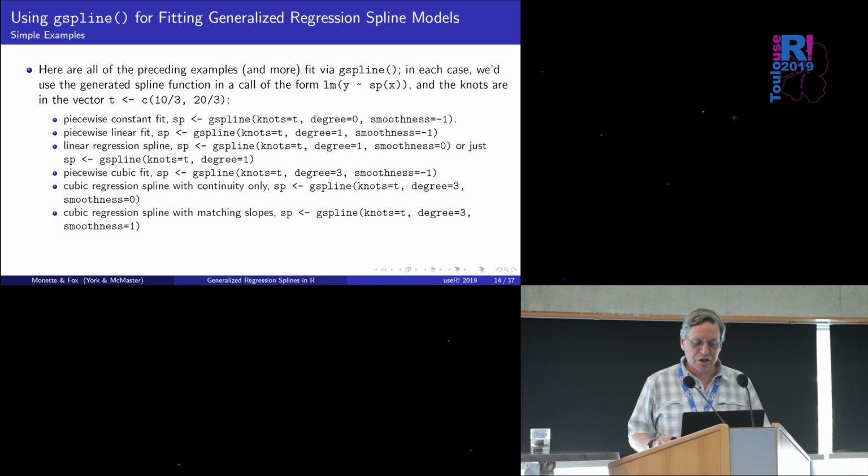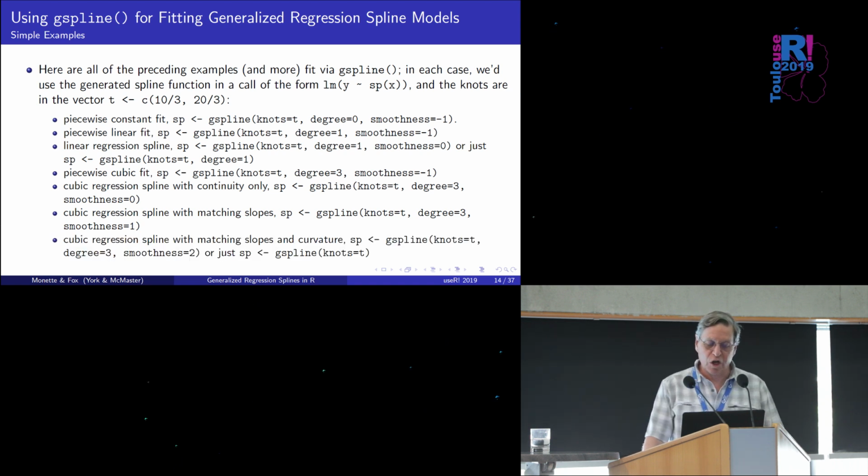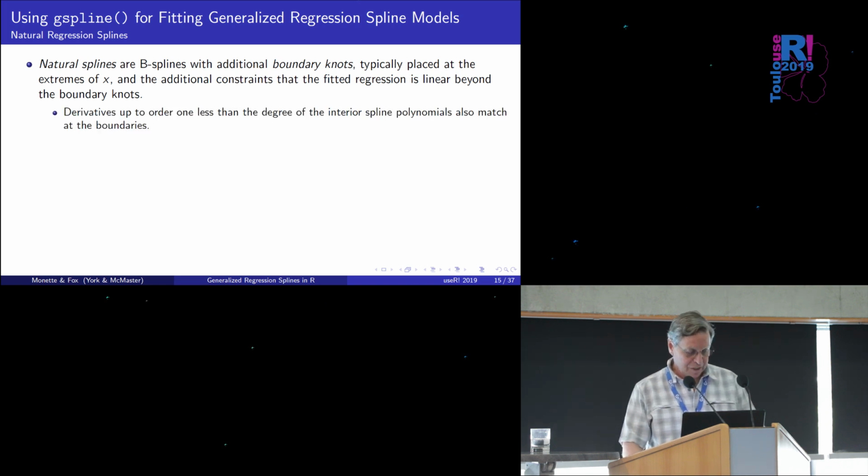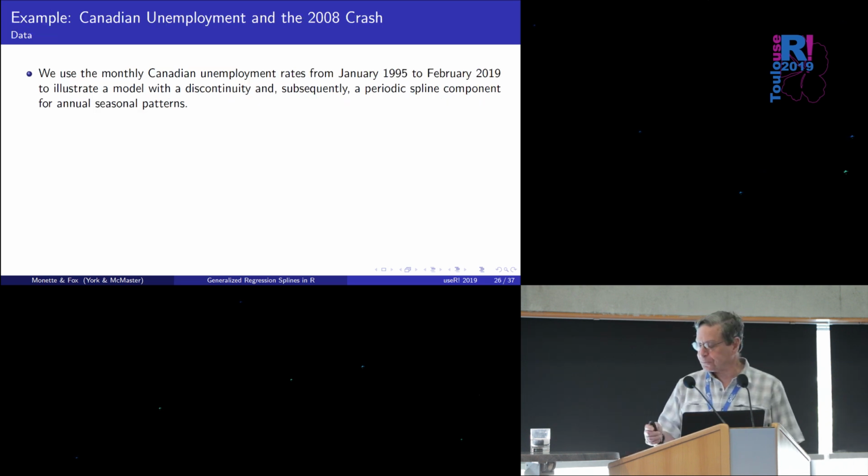A cubic regression spline with matching slopes, and a cubic regression spline with matching slopes and curvature. Okay, it's also possible to create natural splines using gspline. I'll pass over that and move to an example.